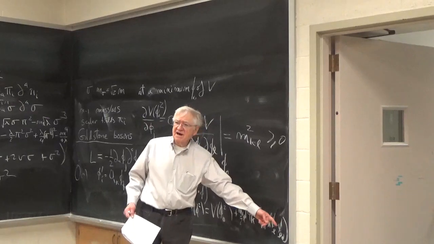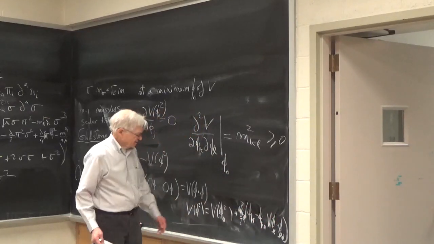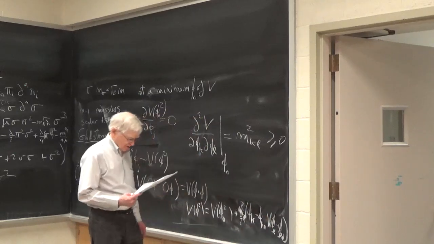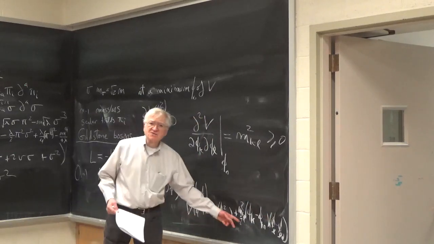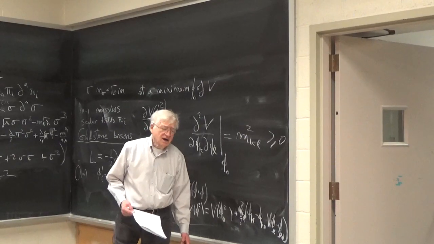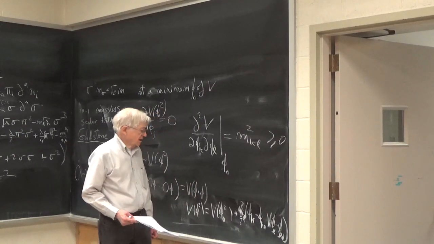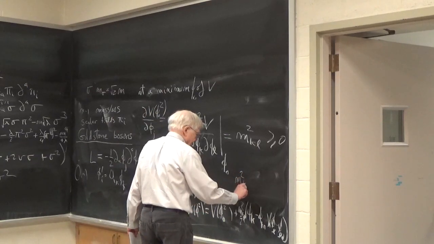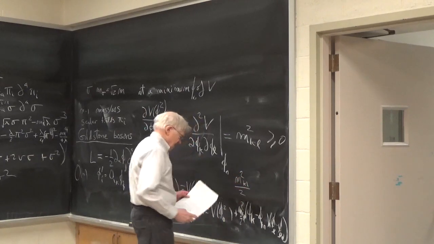I'm ignoring higher order terms. The point is there's no linear term. Is that m_kl squared over 2? Yeah. Okay, sorry. No, that's all right. That's what I thought it was, that's why I wanted to make sure before I wrote it down.